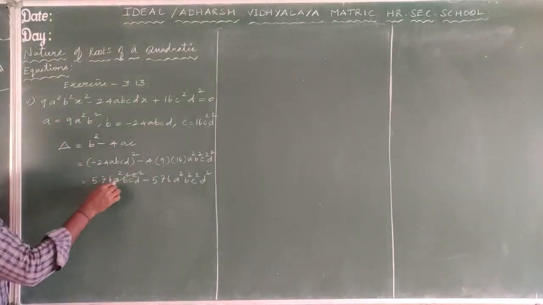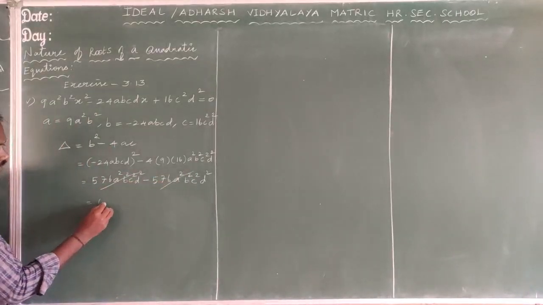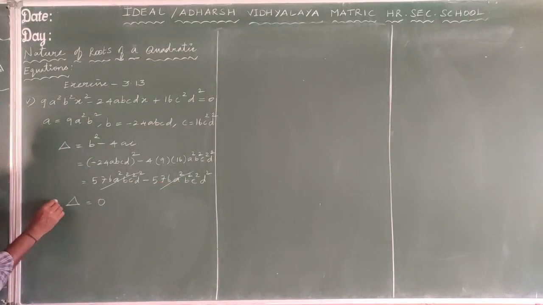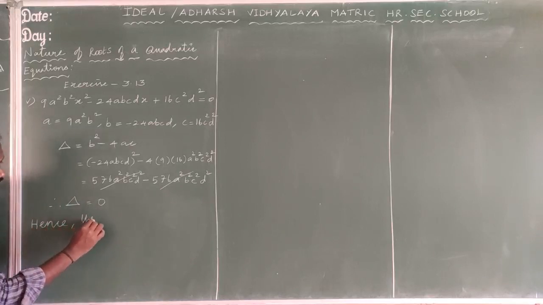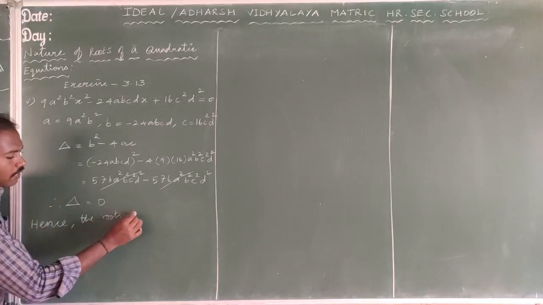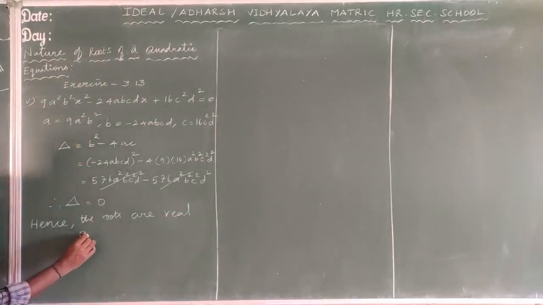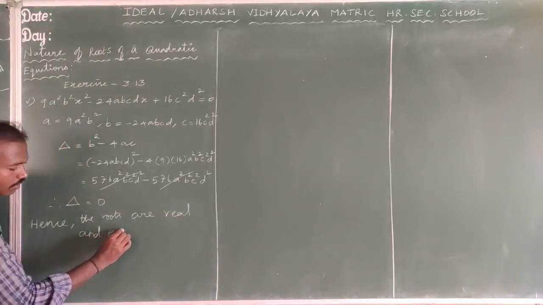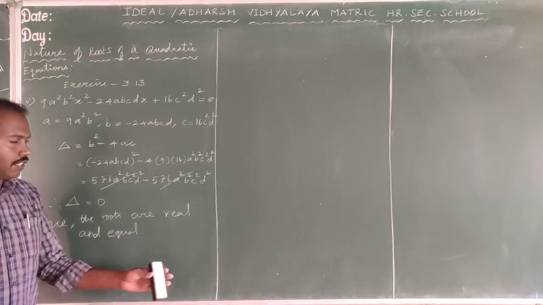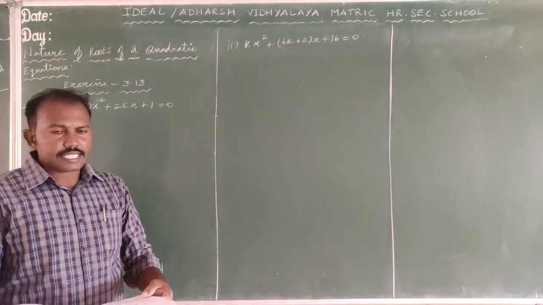Then totally cancel, that is equal to 0. Here discriminant is equal to 0. Hence the roots are real and equal. That's all.